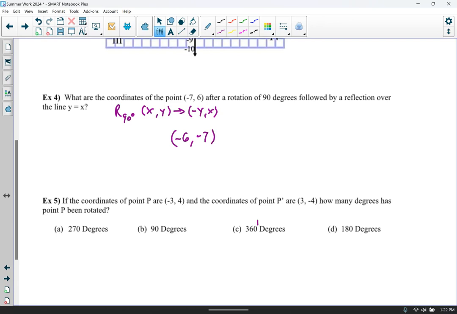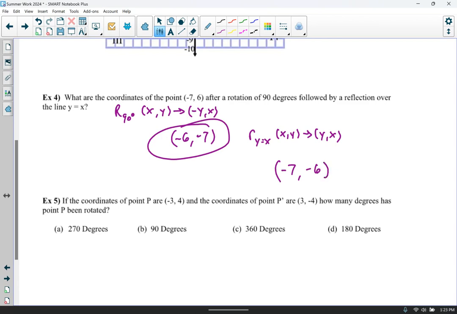That's after the rotation. And now we've got to use the rule for the line y equals x. And maybe I flip back in my booklet if I don't remember it, but that rule for y equals x is where (x, y) is going to go to (y, x). And now we're using this new ordered pair, (negative 6, negative 7), and we're going to reflect it over the line y equals x using our rule. That's going to give us (negative 7, negative 6) as our final answer.